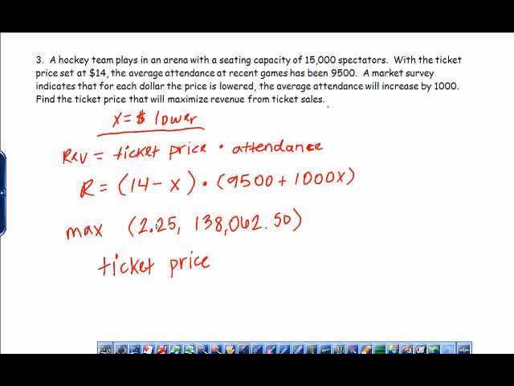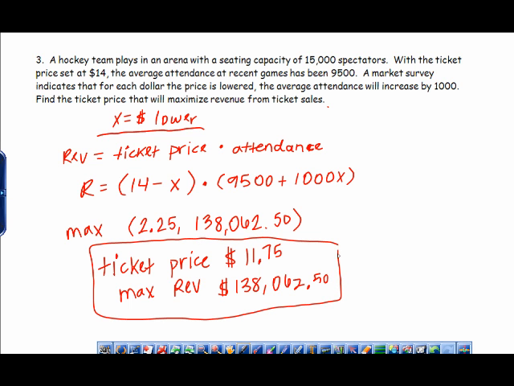So 14 minus 2.25, that's going to be $11.75. And then the maximum revenue, which is what they were also asking. Well, they weren't asking it, but we're going to go ahead and write it. $138,062.50. And notice that I'm using units and everything being very thorough here.